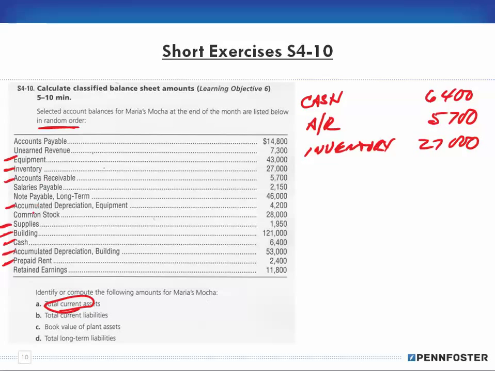Let's see here. So let's do it. So we get rid of inventory, get rid of that, get rid of that. Okay, so then the next thing would be something like supplies. That would be current, and that's 1,950.